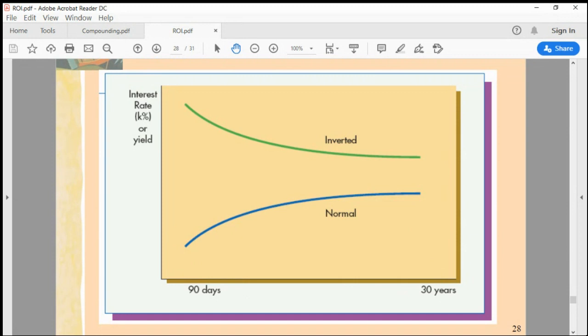Yield, once again, is another name for return. But yield is not exactly the interest rate. Yield is actually more than the interest rate. Why? Remember scenario 1 and scenario 2, right? In scenario 2, you have two sources of cash flow.